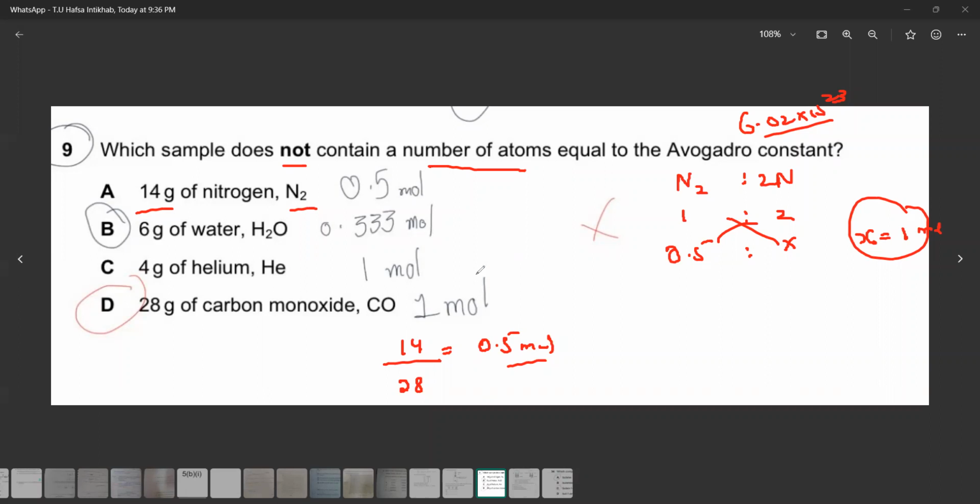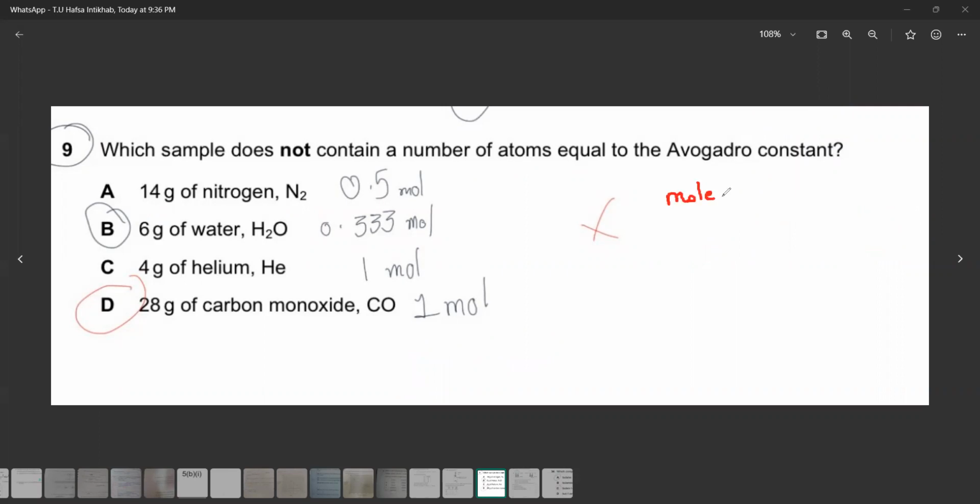You have 0.5 moles of nitrogen. Then we take a ratio between a nitrogen molecule and atoms, because we have a molecule of nitrogen and the question was about the number of atoms. What was the relation between a molecule and atom for nitrogen? If we have one nitrogen molecule, it provides two atoms, so the ratio between molecule and atom is 1:2.